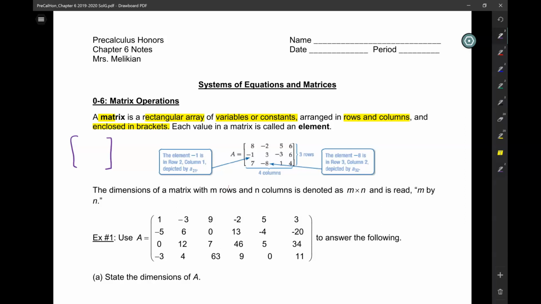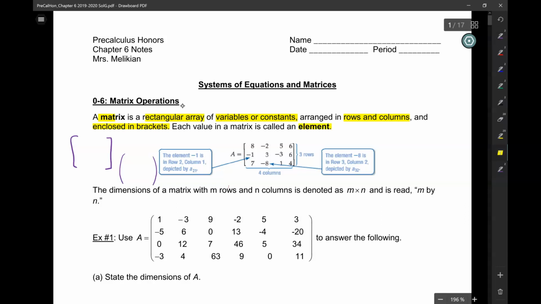In some books, or later on in higher math, you might also see matrices in large parentheses like this. For our purposes, we're going to do the square brackets, but don't get fancy with the curly brackets and all that stuff, okay? Now, each value in a matrix is called an element.